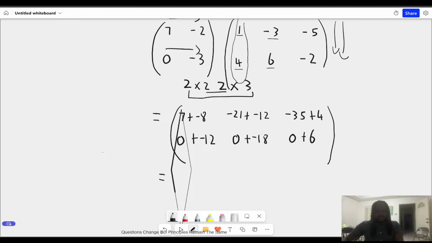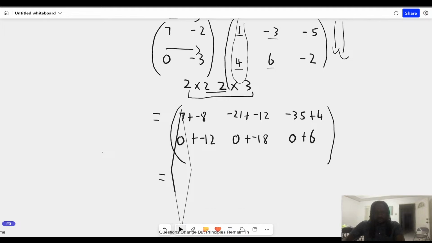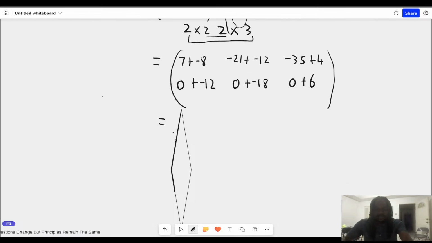I have no idea why that's not coming off the screen. I'm not even worried about that. Alright, 7 plus -8, -1.